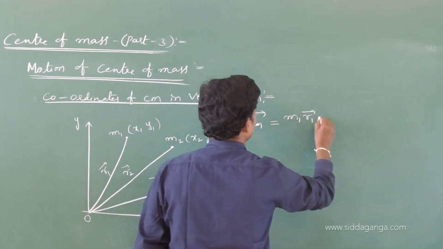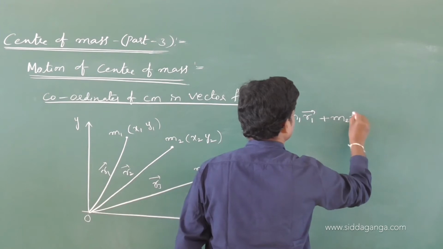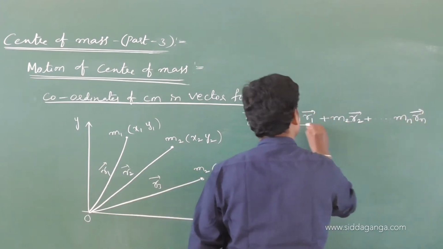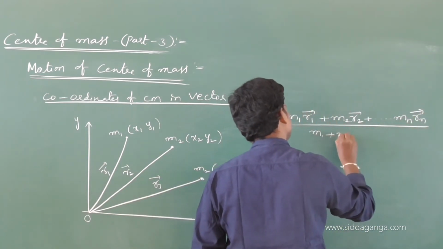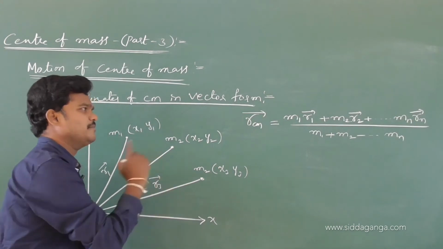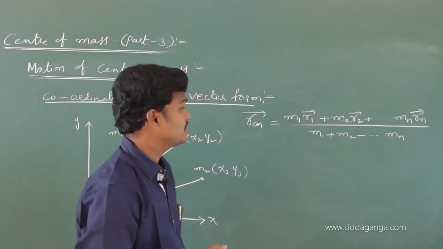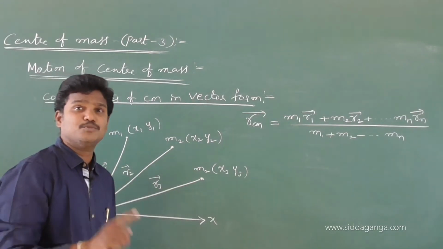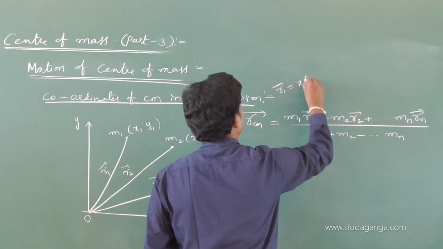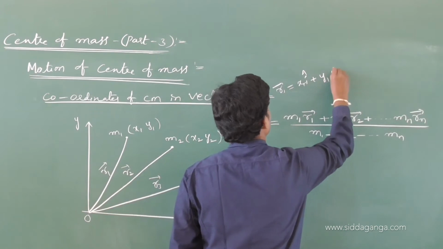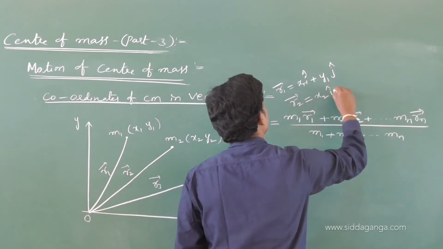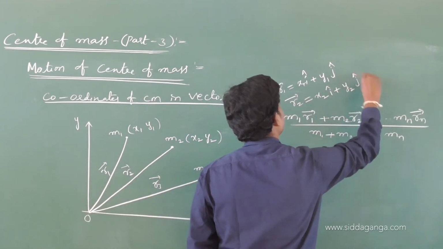And this position of center of mass we can write as rcm bar, equal to m1 r1 bar plus m2 r2 bar and so on up to mn rn bar, divided by m1 plus m2 and so on up to mn. In the same manner as m1 x1 plus m2 x2. R1 bar is the position vector, which we write as x1 i cap plus y1 j cap, and similarly r2 bar is x2 i cap plus y2 j cap, and so on.